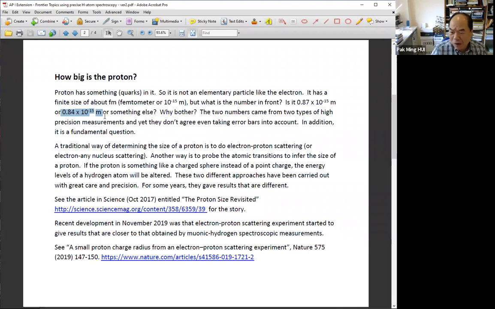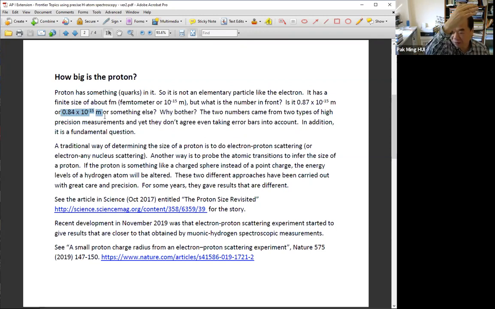That has been done for half a century and more, and we believe that is a good way to get the size of a proton, and actually the size of other nuclei. That is part of nuclear physics. Every day people are doing that. But we also believe there's another way, also very accurate, that has to do with spectroscopy.